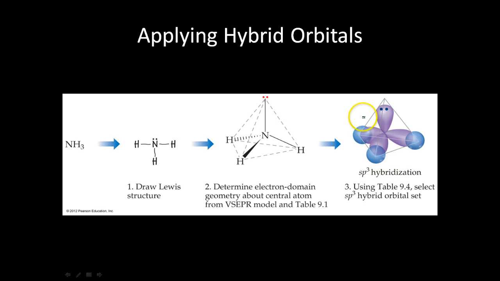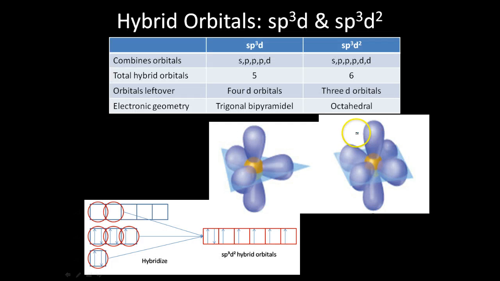This explains everything up into sp3 hybridization, but what happens when we have to have 5 electron domains around a central atom? Well, we have used up the s and all 3 of the p's, but now the only unused orbital comes from the d. So we take an s, 3 of the p's, and a d, and we call it sp3d hybridized orbitals.